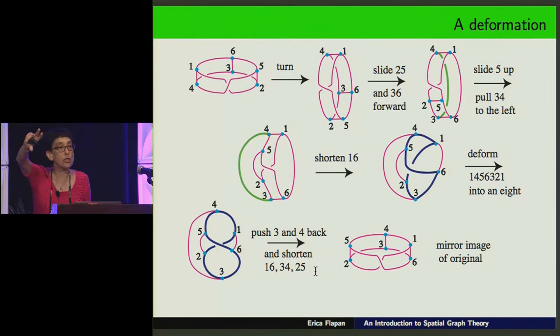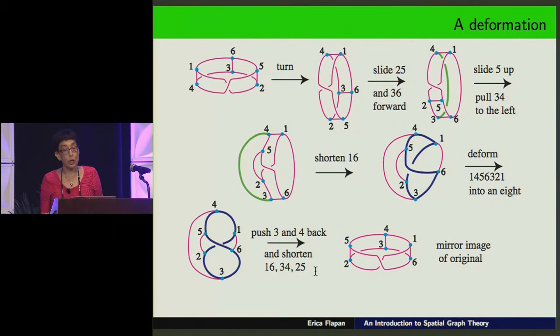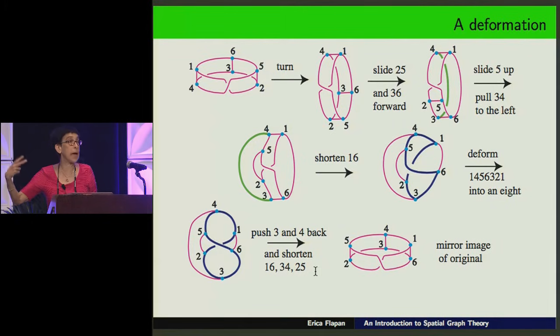So the first thing I'm going to do is rotate the molecule so it's vertical to make it easier for us to see this. Then I'm going to grab the edges 2, 5, and 3, 6 and move them up and forward, as you see going from the first image to the second image. And then in the second image, you can see that there's a long arc going between vertices 3 and 4.